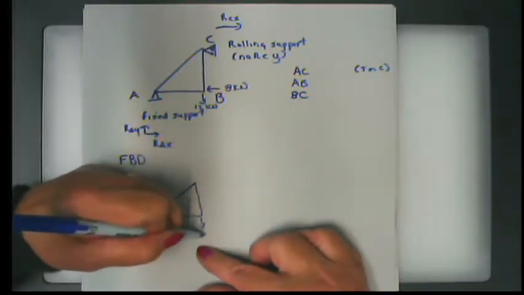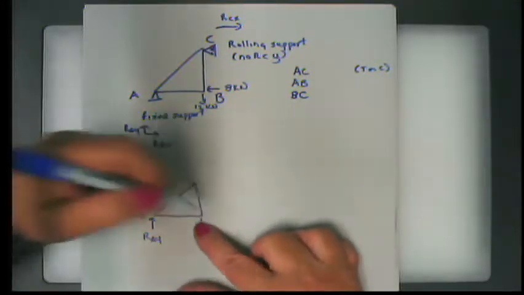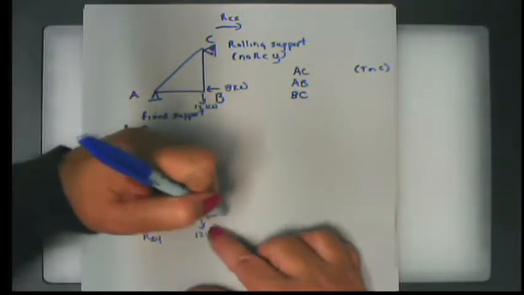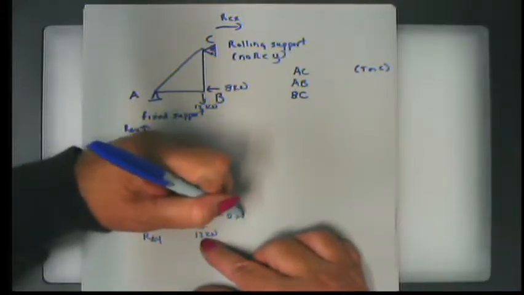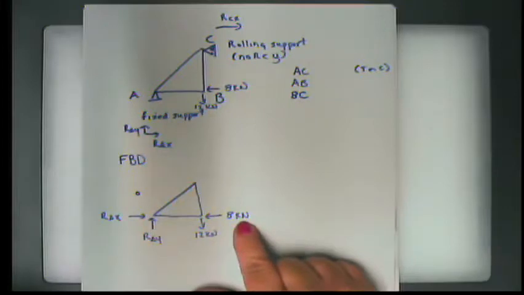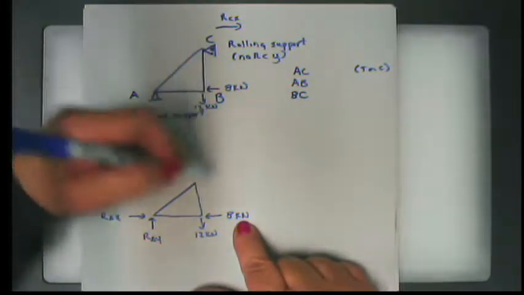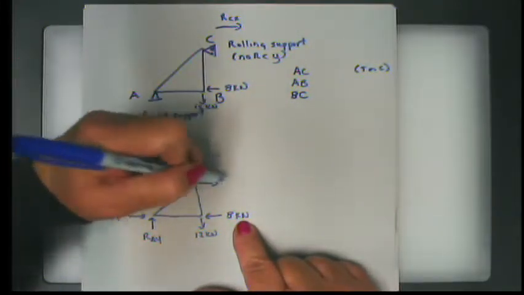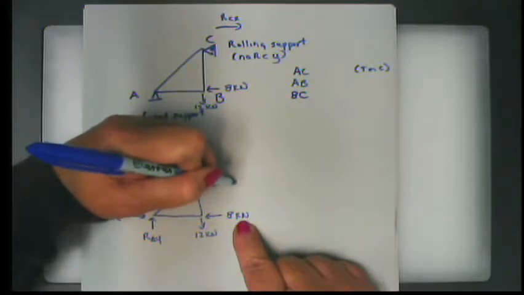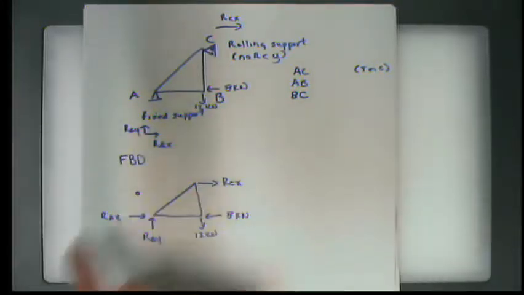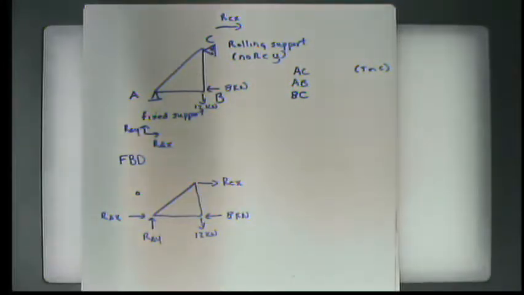We have a 12 kilonewton force at B, negative y, and an 8 kilonewton force at B in the negative x direction. And here at C, we only have a reaction at C in the x direction. So these are the external forces on our truss.